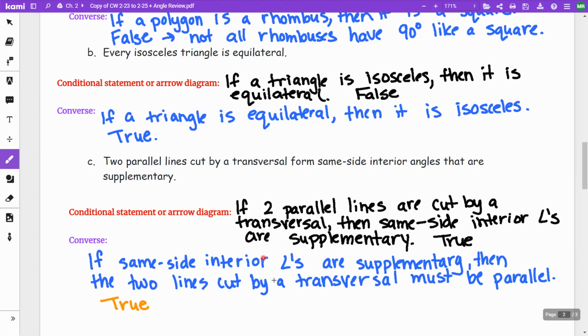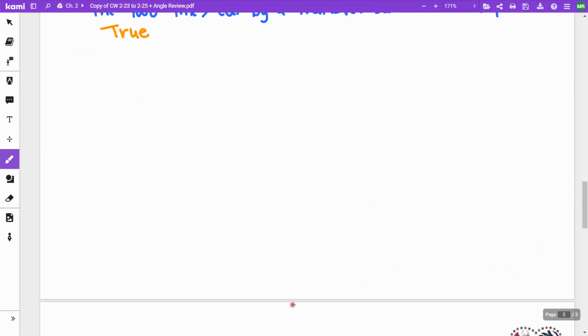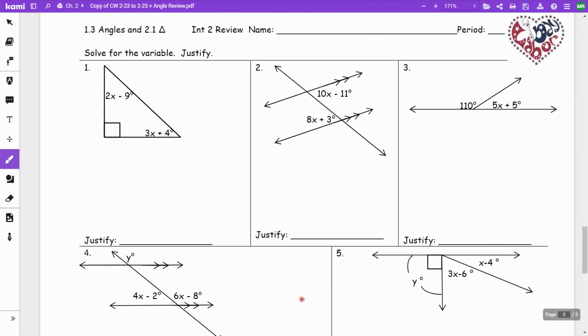So now the rest of this is review of angle relationships. For each of these, we are going to be writing equations, working these out, and justifying our answers. We're going to have a quiz this week on angles and triangle congruencies, so we want to make sure that we understand all the terms.